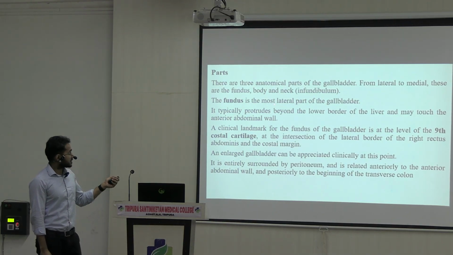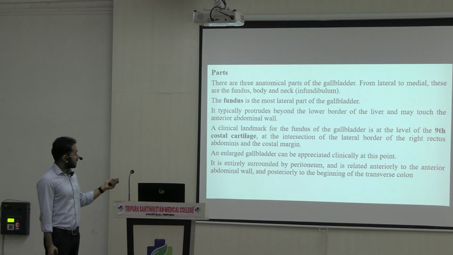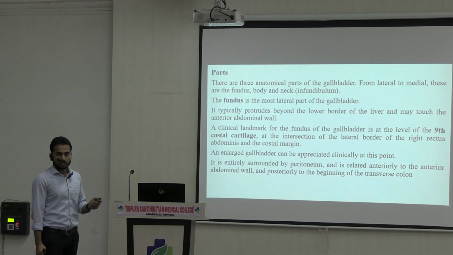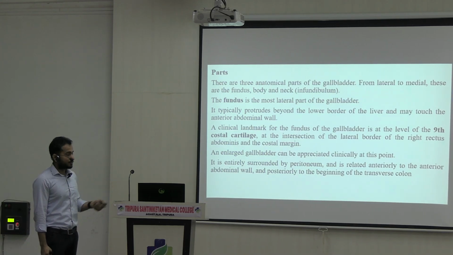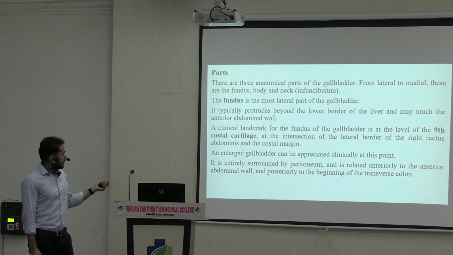Now the fundus is the most lateral part of the gallbladder. Typically it protrudes beyond the inferior border of the liver, and may touch the anterior abdominal wall. Now, what is the important clinical significance?